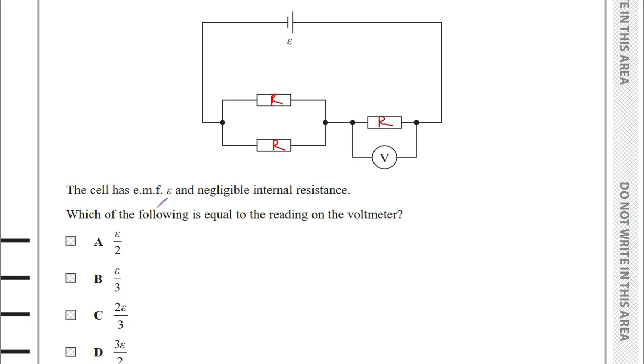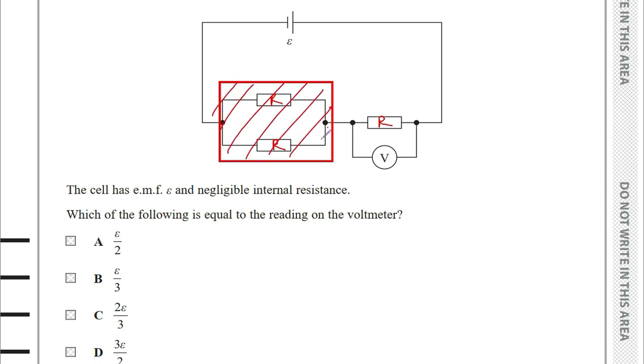Right. So let's do something. We all know when resistors, identical resistors, are connected in parallel, the total resistance halves compared to an individual resistance. So if these two have individual resistances R and R, their total resistance, this entire part, should have a resistance of R by 2.